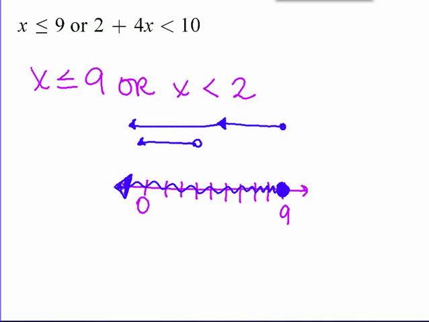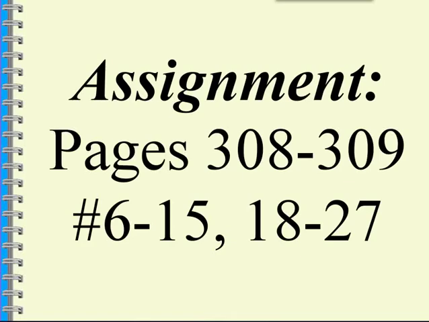Let's turn in your book to pages 308 and 309, and let's look at this. Your first instructions, number 6: solve each compound inequality, then graph the solution set, and then you have 18 through 27.